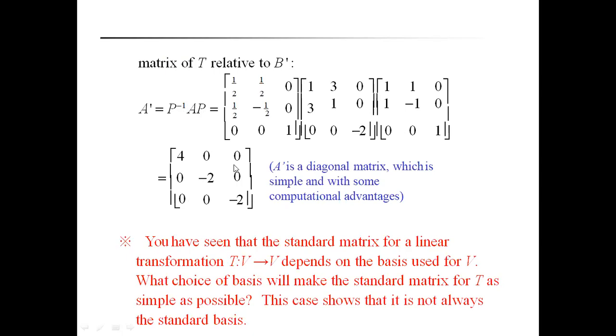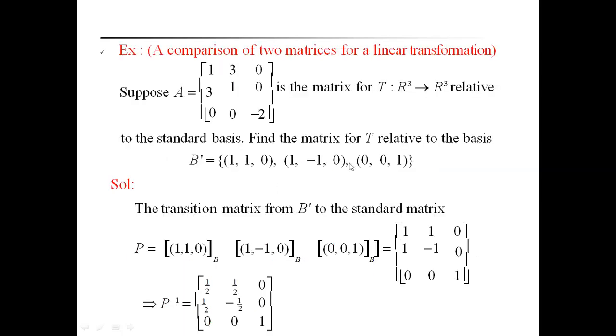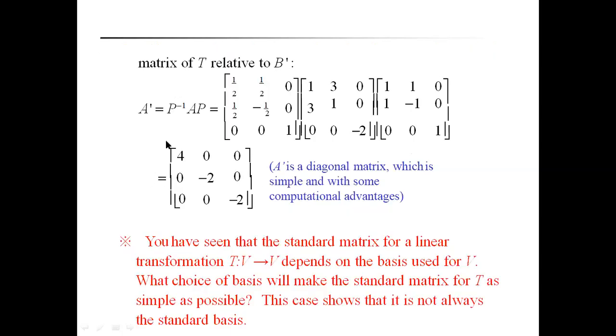Therefore, see here, this is the diagonal matrix, which is simple with some computational advantages. So by using this, we get A dash as the diagonal matrix. This is the matrix of T relative to the basis B dash, that is A dash.